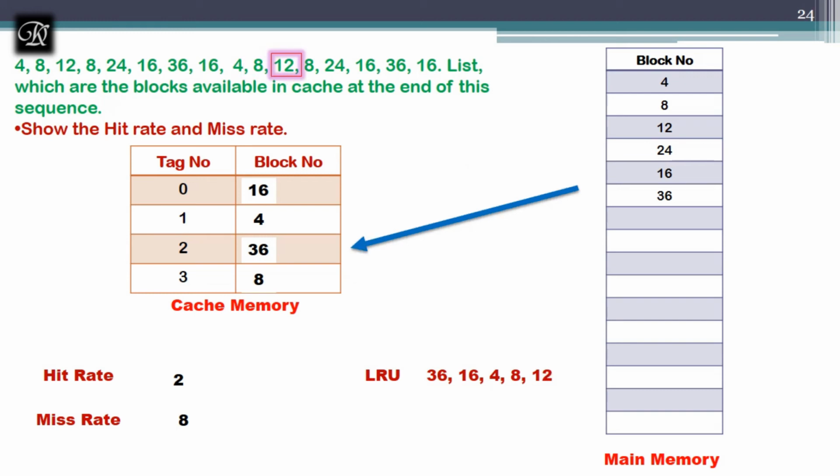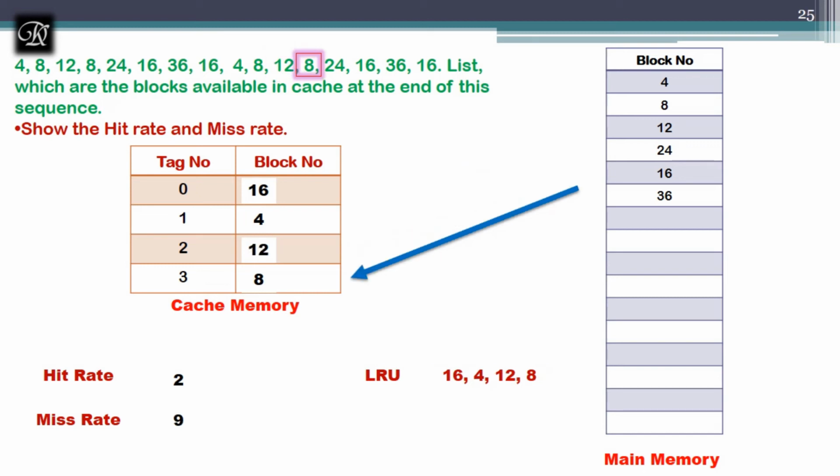12 is the request. For 12 again we don't have a space. 36 is the least recently used block, which we can replace, and increase the miss count by 1. The request is for 8. 8 already exists in the cache, so this is a hit.